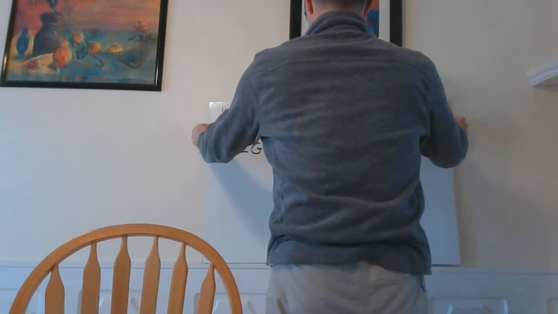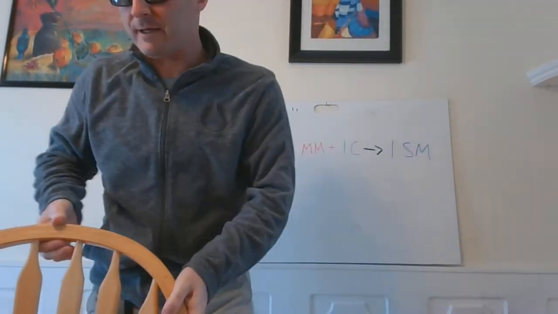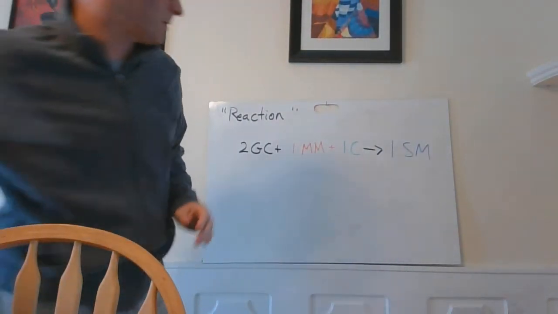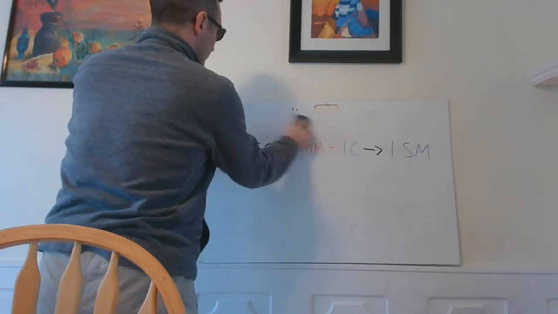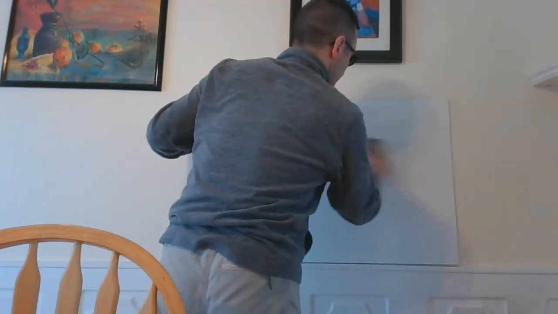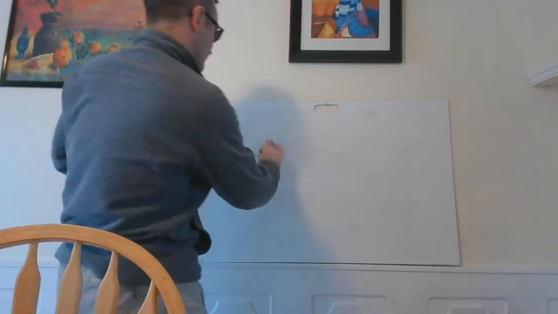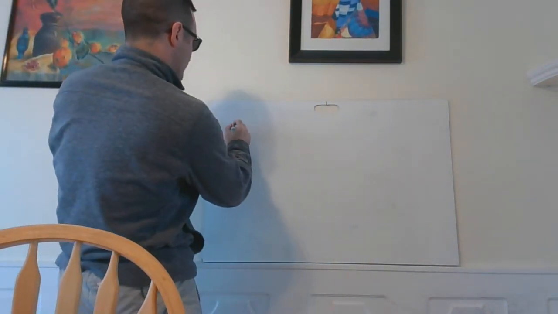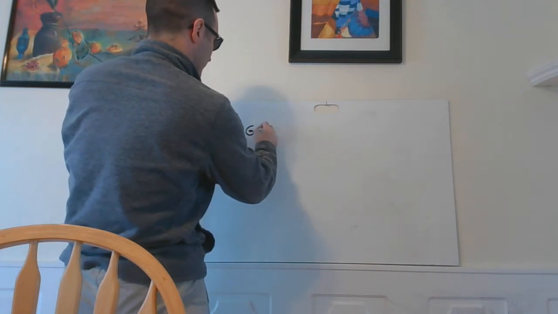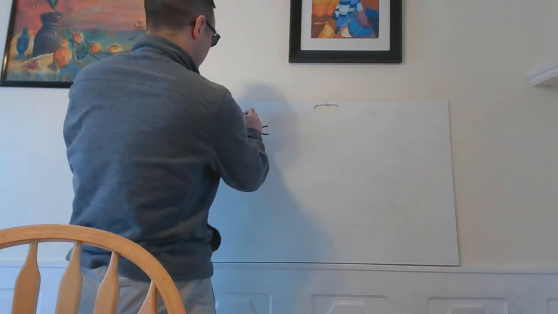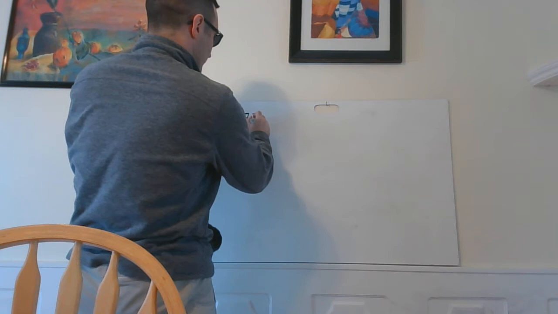Put this up. And what I want you guys to understand is that these are all just models, and it doesn't matter if things aren't perfect. What we want this to be is just to get the job done. So 2 graham crackers, and a graham cracker has a mass of 7.75 grams.